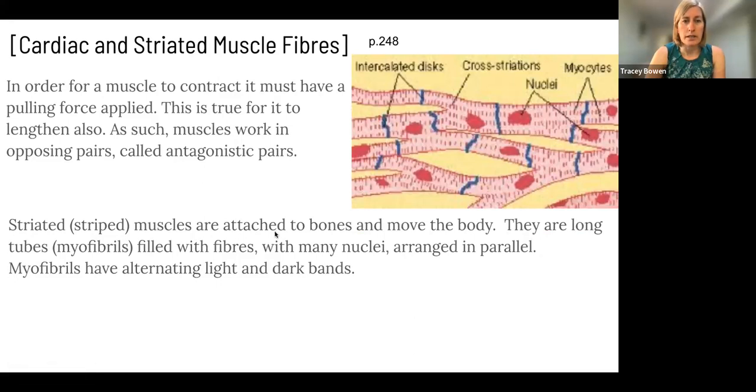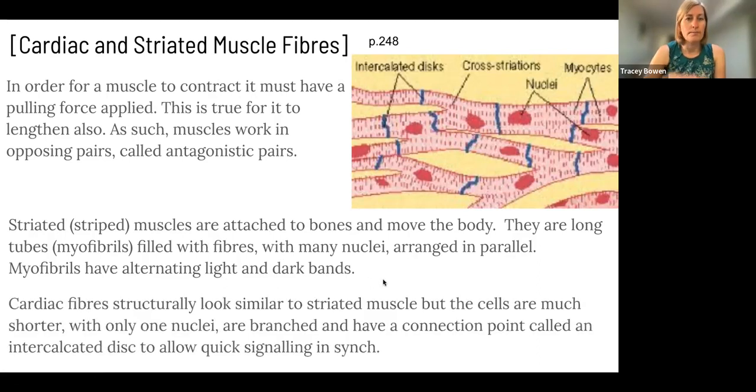And so striated muscle, that's your bicep, tricep, quadricep, are attached to bones and move the body. They're long tubes of muscle fibers, which are called myofibrils. They have many nuclei, and all those fibers are arranged in parallel. And those myofibrils have alternating dark and light bands.